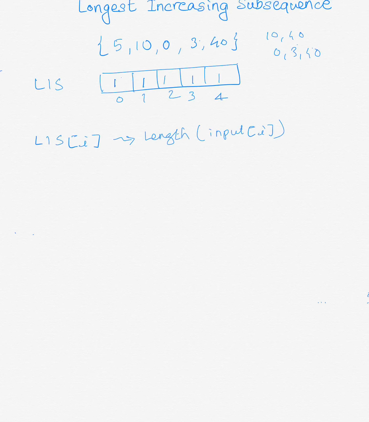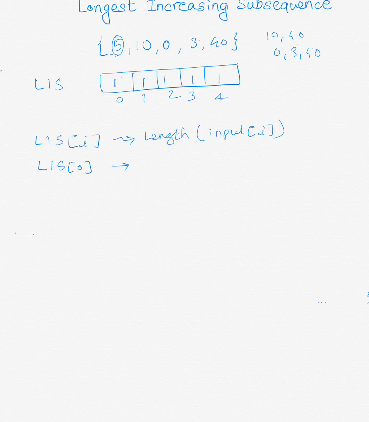Let's take an example. Let's take the 0th index. LIS of 0 will have the length of the longest increasing subsequence ending with input of 0. Input of 0 is 5, and what is the length of the longest increasing subsequence which ends with 5?